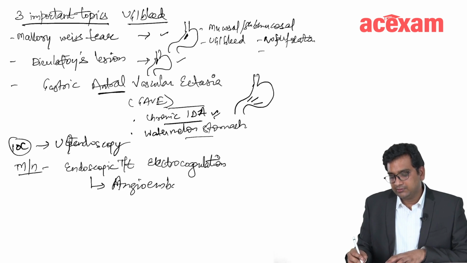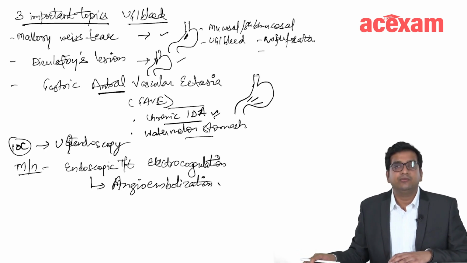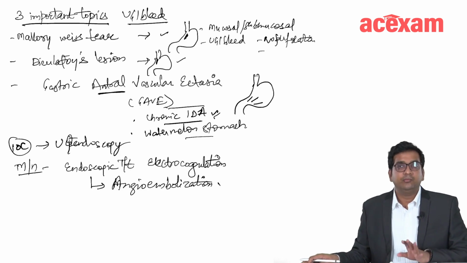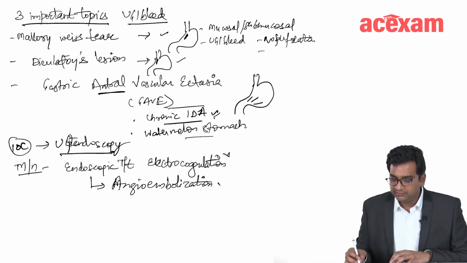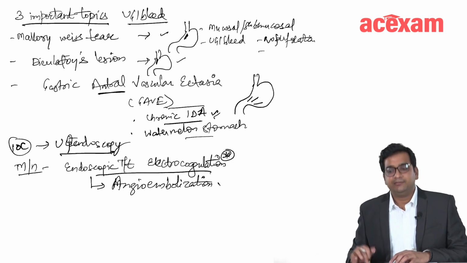Surgery is the least preferred or third preferred option. In case angioembolization is not available in the facility, then we'll go for surgery. The primary treatment is endoscopic electrocoagulation. So this is common for these three diseases and some basic details I have given.